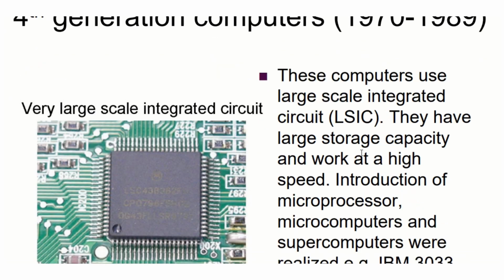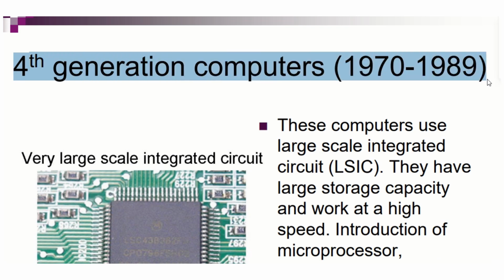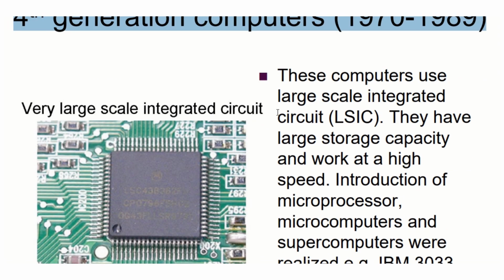We also want to look at the fourth generation computer, which was developed between 1970 and 1989. This computer used large scale integrated circuits. I said earlier that the third generation computers used integrated circuits, but the fourth generation computers used large scale integrated circuits.